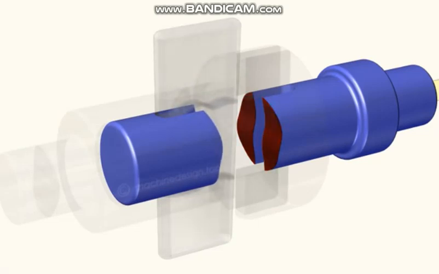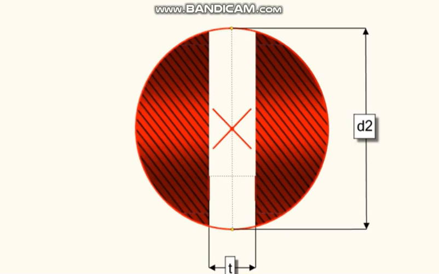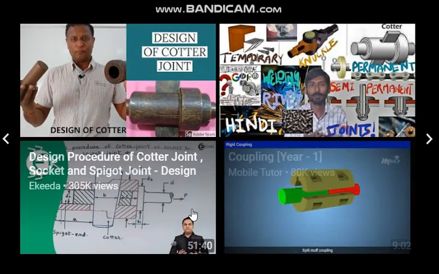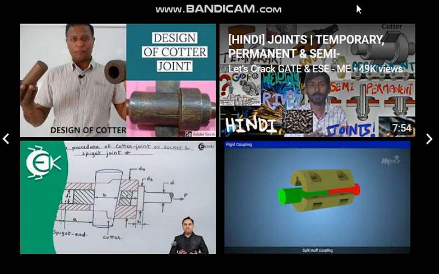The area is the circle, pi by 4 d2 square, and from this we have to subtract, though it is a little curved we consider it to be a rectangle, so the area will be pi by 4 d2 square minus d2 into t. Like that.